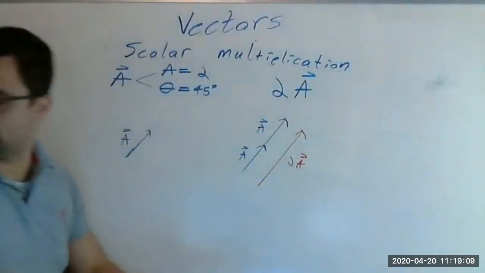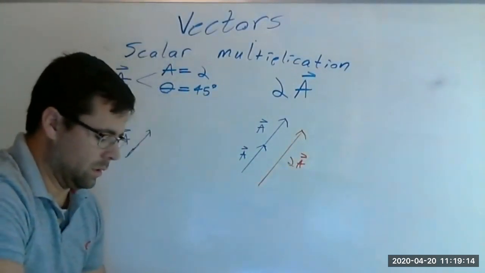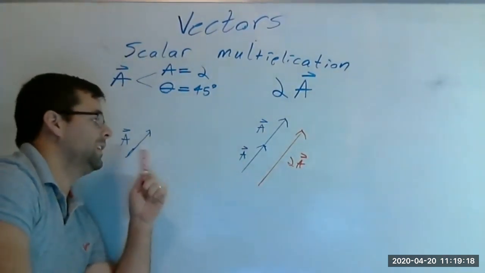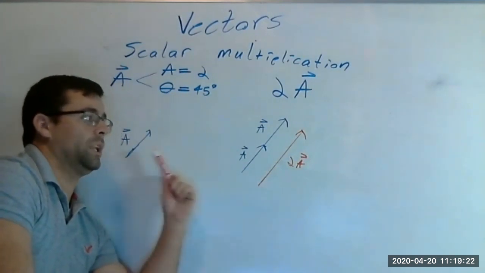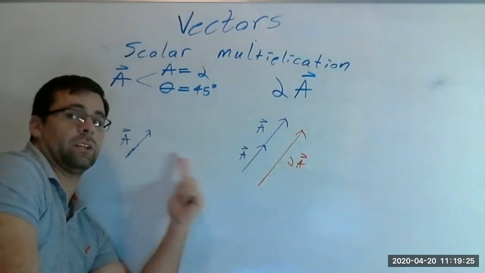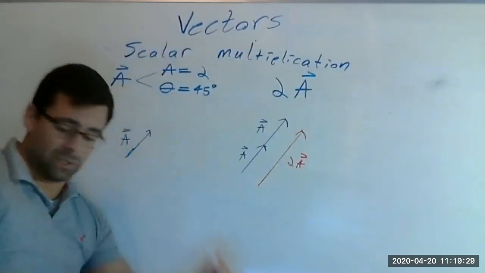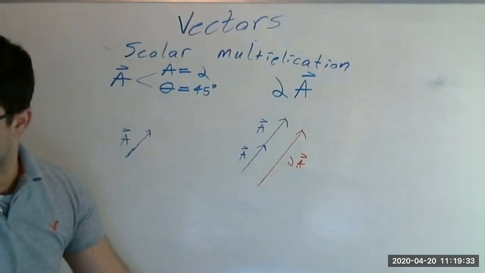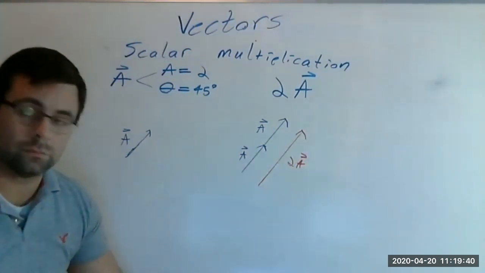It looks like that. So this is A and this is 2A. What is different about these two? Is there anything the same about these two? They have a similar shape. Well, they're both arrows.